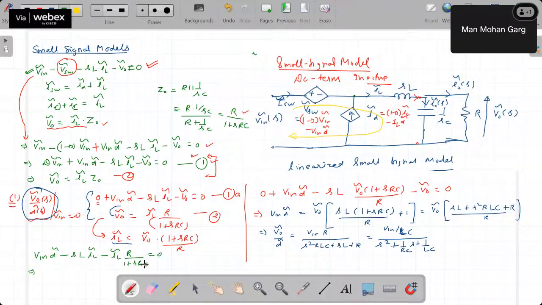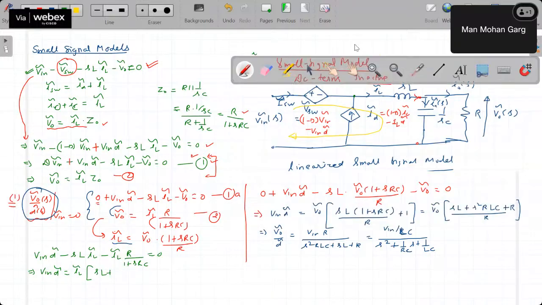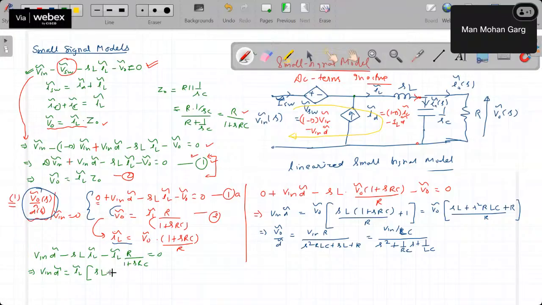So IL, you take to this side, so it becomes SL plus R upon 1 plus SRC. Right? So we simplify it further. So this is SL plus S square RLC plus R upon 1 plus SRC.